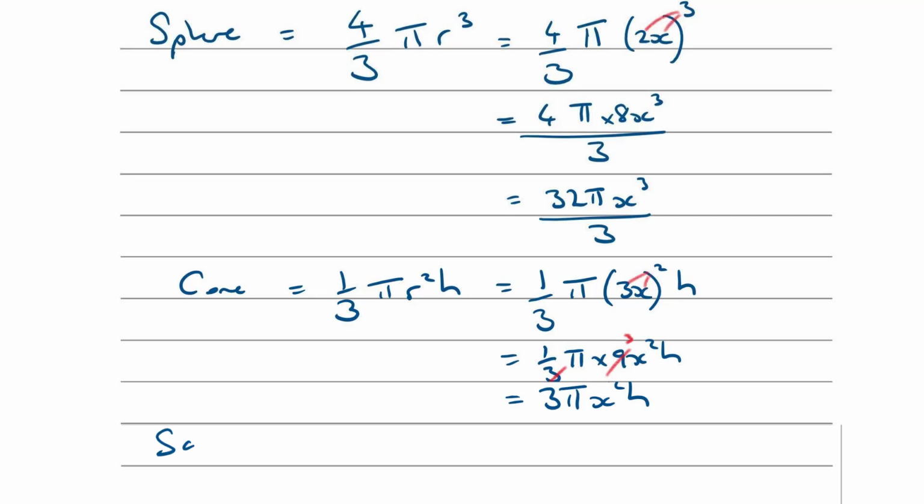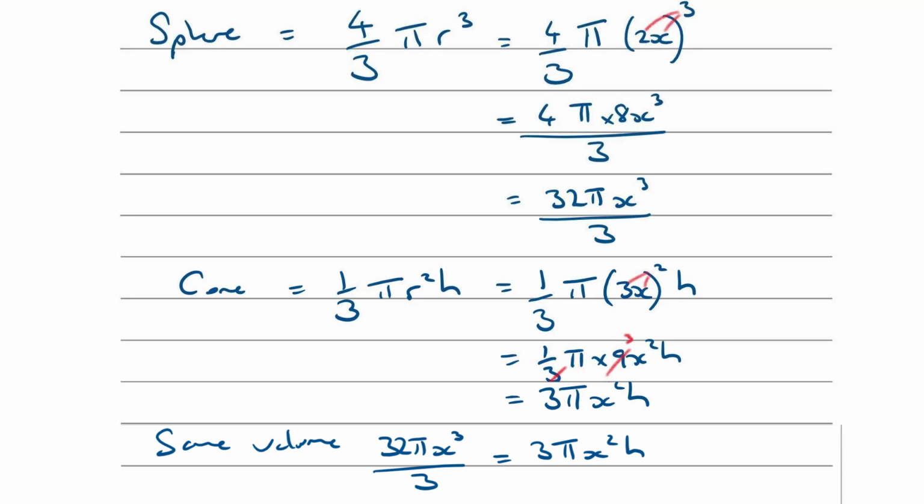So these have got the same volume. So I can say that 32 pi x cubed over 3 is equal to 3 pi x squared h. Okay, can I cancel some things here?